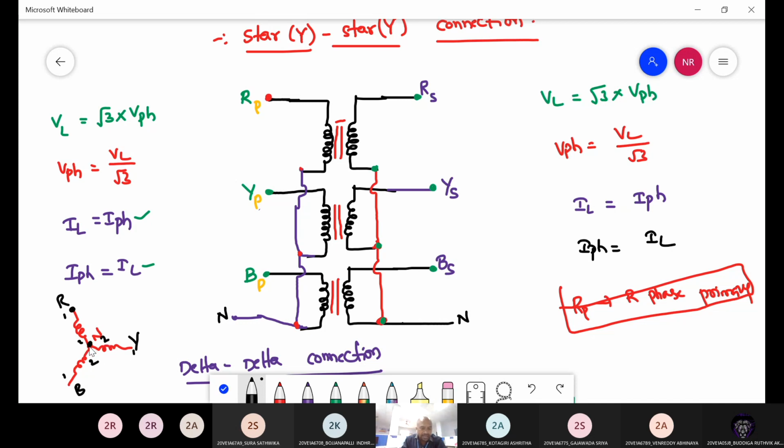All the second ends are connected at one point. That is neutral point. Same thing happens here. The second end is connected, second end is connected, second end is connected. Then it is star connection. All the primary winding second ends are connected at a common point. That is neutral point.